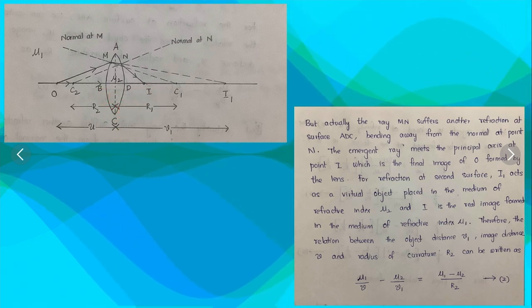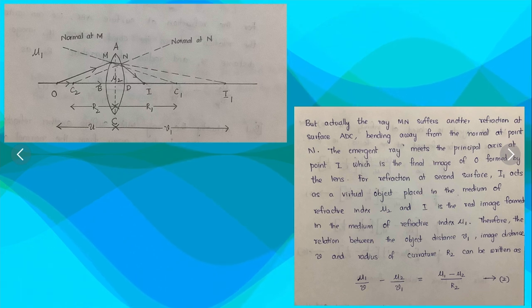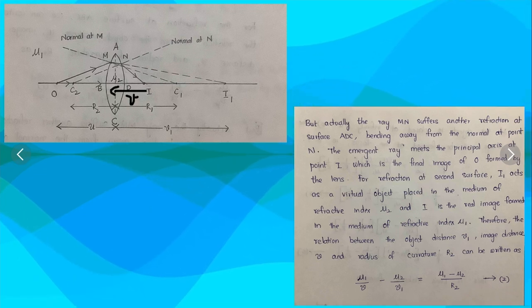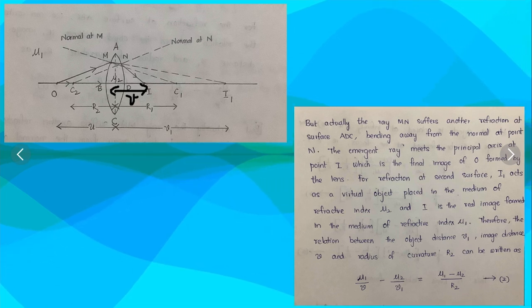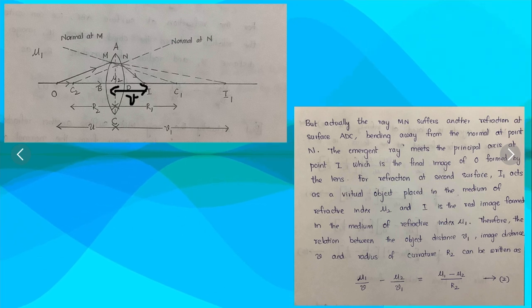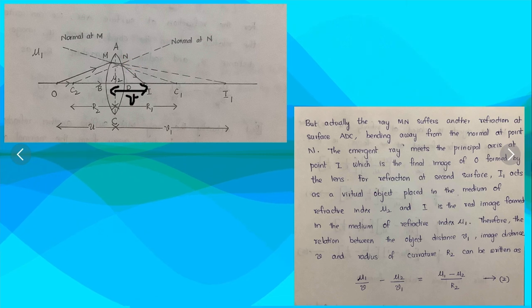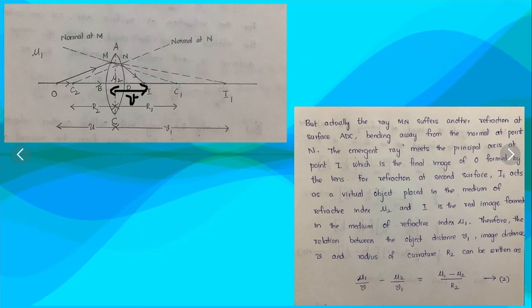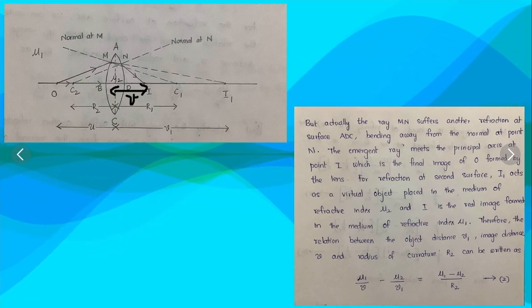The radius of curvature is R2, from here to C2. The final image I is formed at a distance of V.